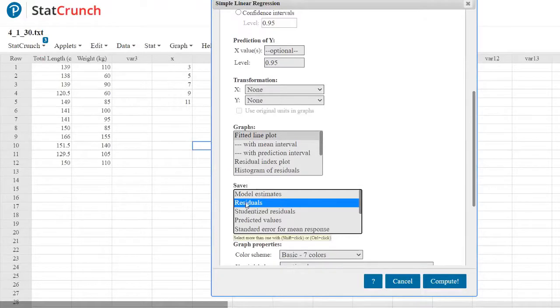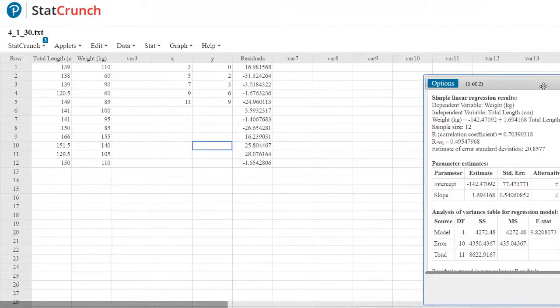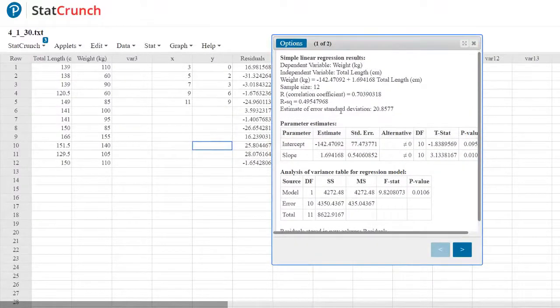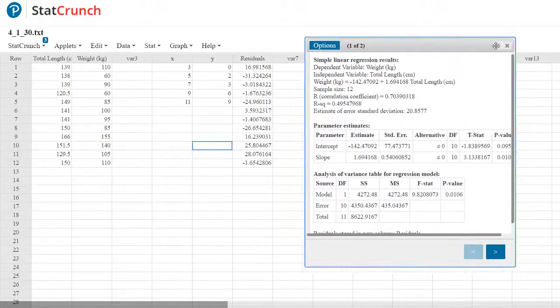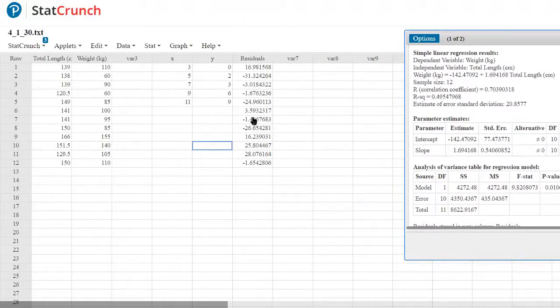So I'm going to select save the residuals. And when I say compute, in addition to finding the regression line, the correlation coefficient, the coefficient of determination, the sum of the squared residuals, and all of that, it has now saved the residuals in this column called residuals.